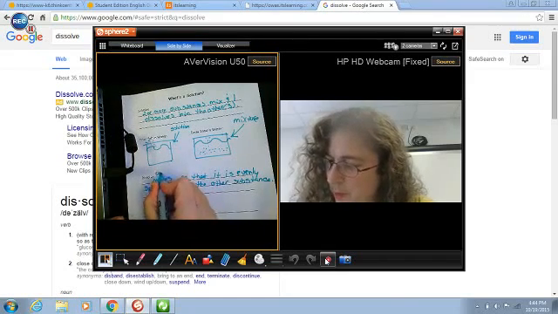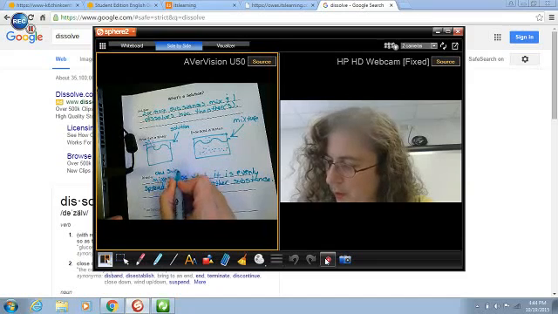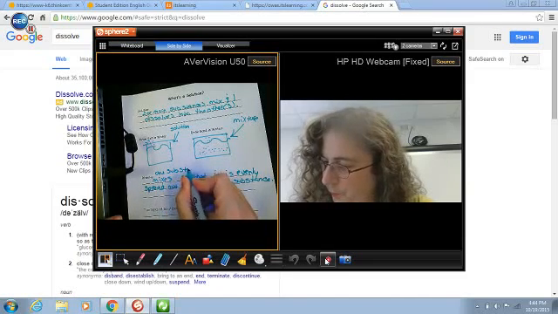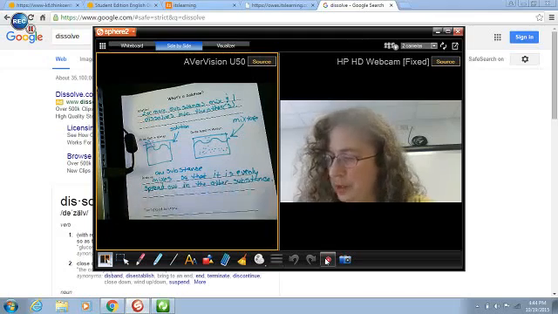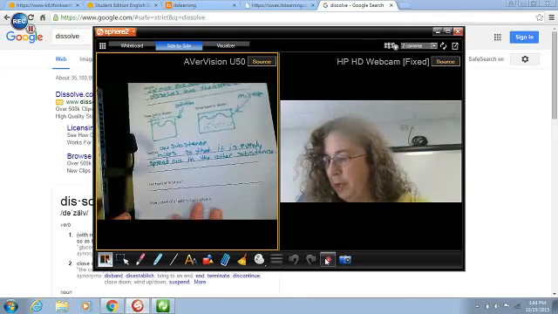So one substance, I'm going to put that back up here because we should probably put that up there. One substance mixes so that it is evenly spread out in the other substance. So that's what dissolve means.